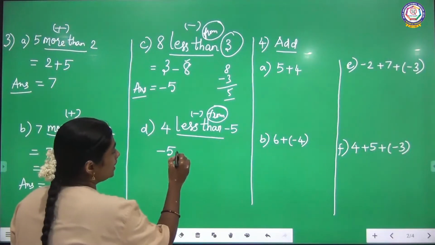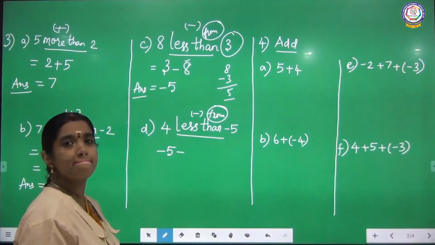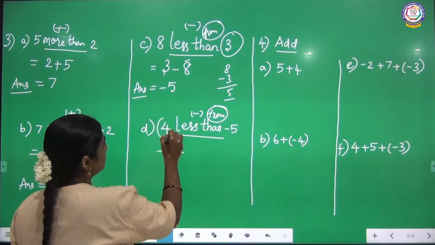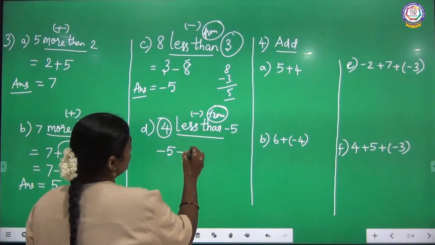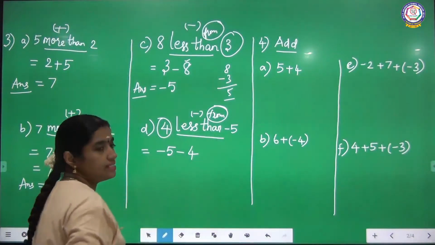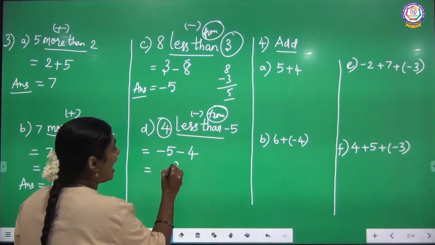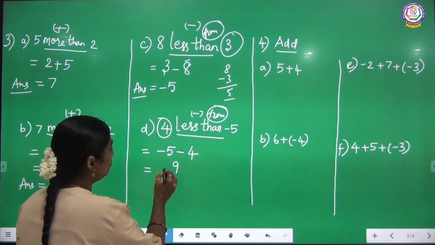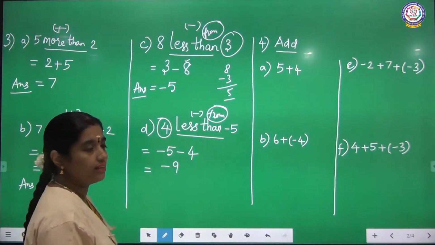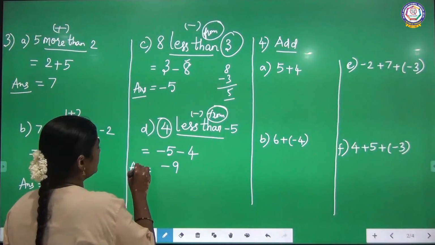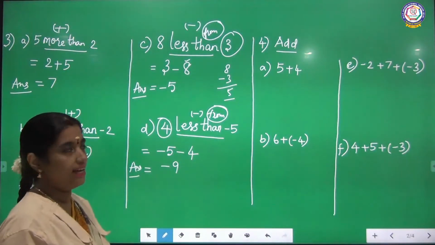I am going to put the subtract symbol here. And 4 is there. See, my signs are the same, so I am going to add that and put the symbol. Can you clear? So, the answer is minus 9.